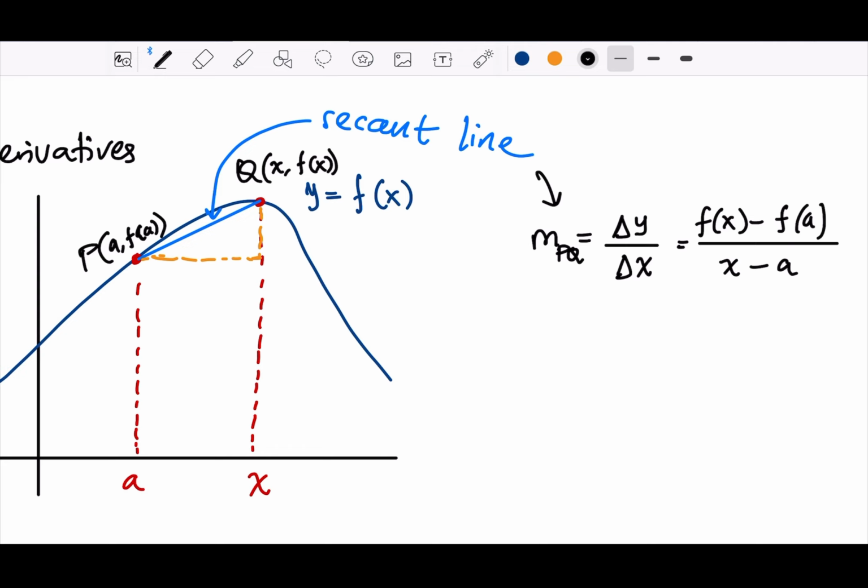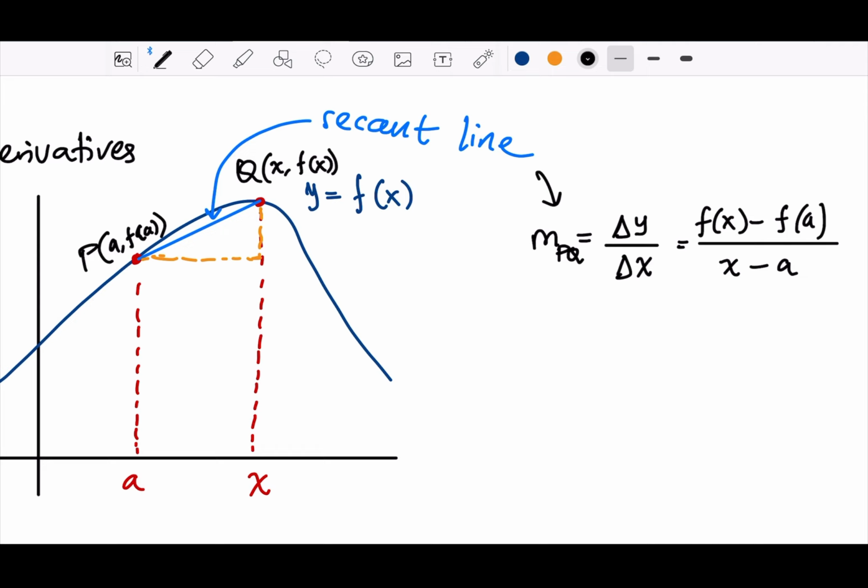So you can imagine how the secant line will look as it gets closer to this point P. If you see my hand here, maybe it goes here, and eventually when it's getting closer and closer to P, it's getting close to the tangent line.